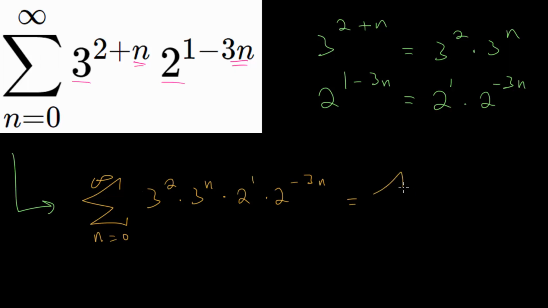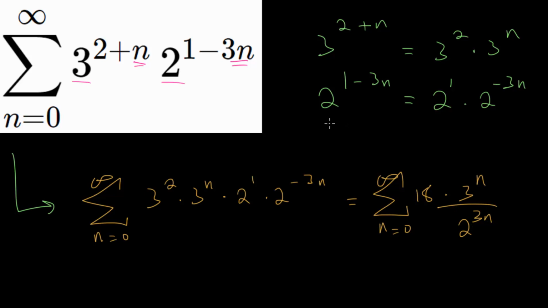So we have the sum here as n goes from 0 to infinity of 18 multiplied by 3 to the n. And we'll put the 2 to the minus 3n in the denominator as 2 to the positive 3n. And from here, since we want both of the exponents to be the same to rewrite this as a geometric series, we can use exponent properties again.